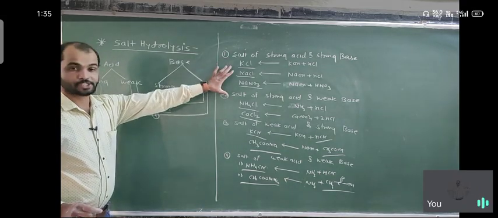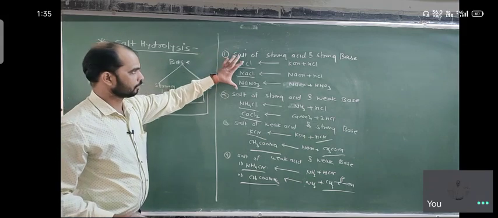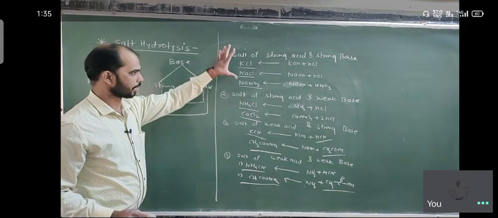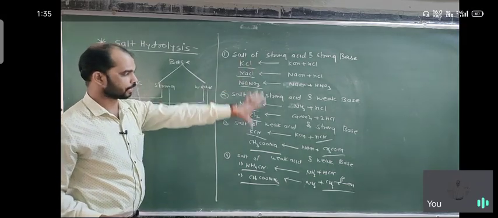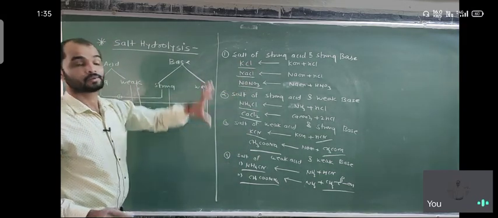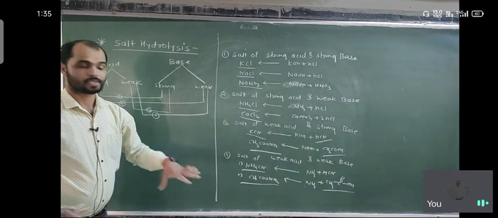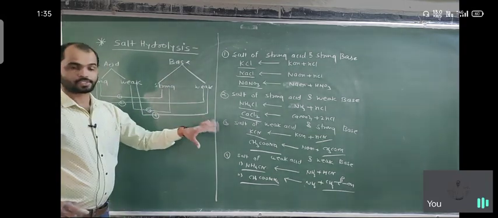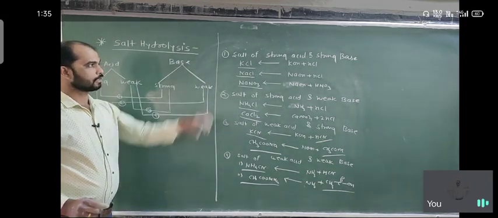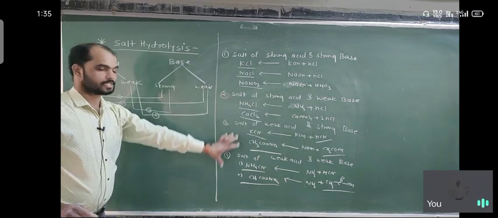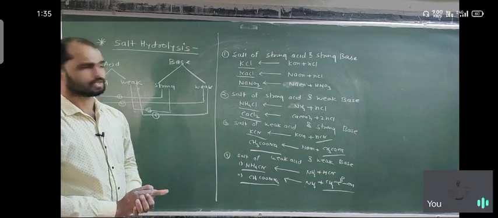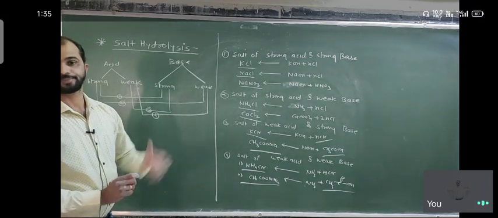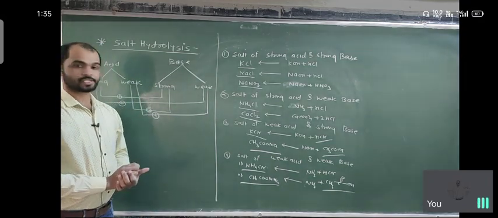This is the combination of 4 types and we get the 4 types of salts which are obtained, and 4 different kinds of neutralization reactions. Okay, we're going to discuss one by one in detail: in the first case, in the second case, in the third case, how hydrolysis takes place, what is the mechanism and what is the result of hydrolysis. We're going to discuss one by one.